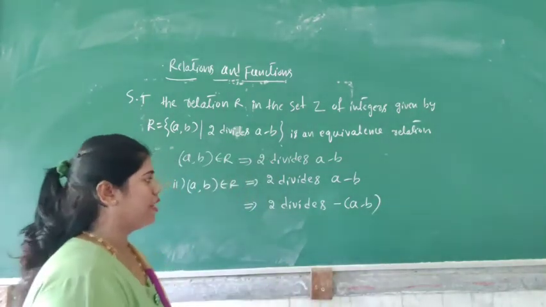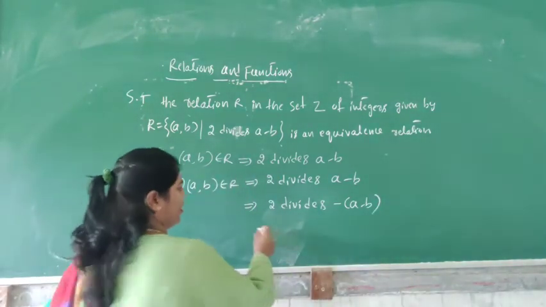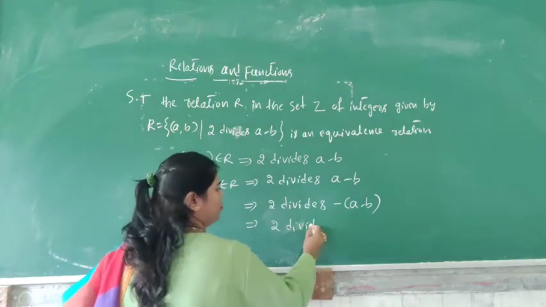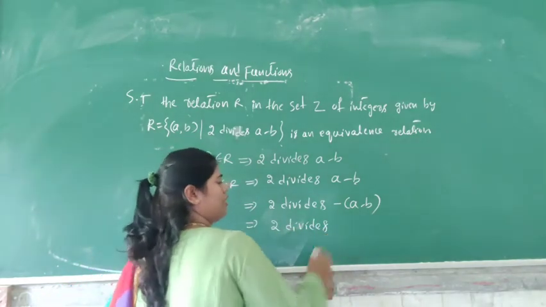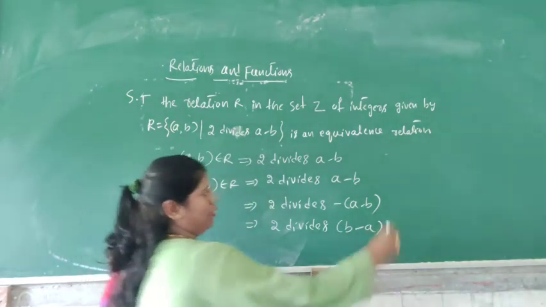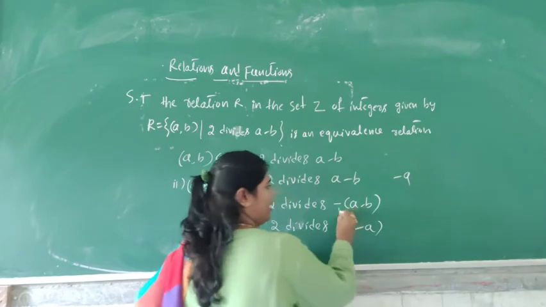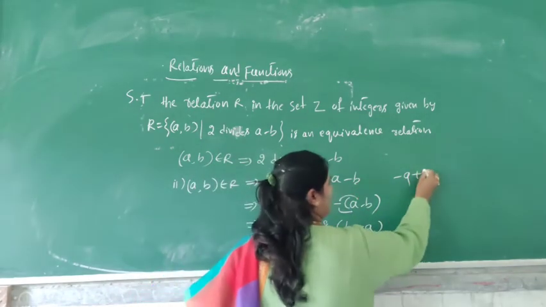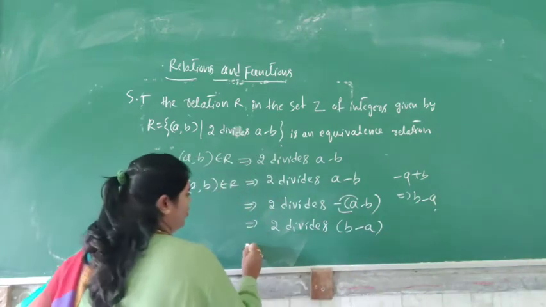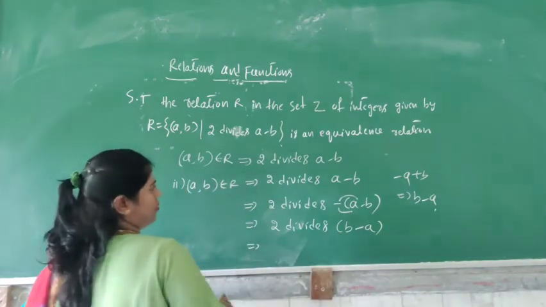So 2 divides, instead of minus of a minus b, we can also write b minus a, because minus a minus into minus b is plus b, which is nothing but b minus a. So 2 divides b minus a.